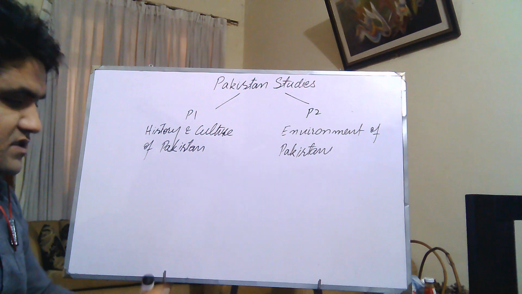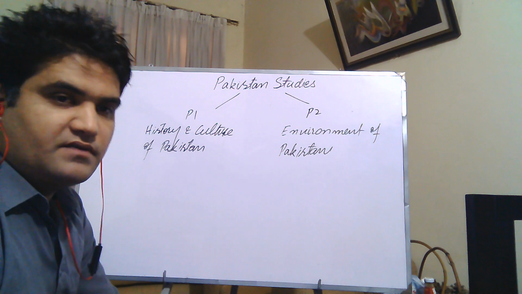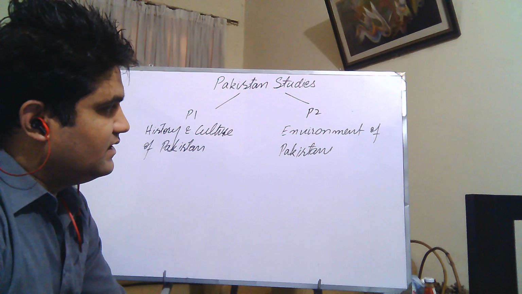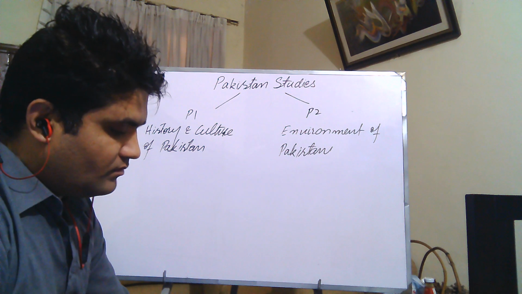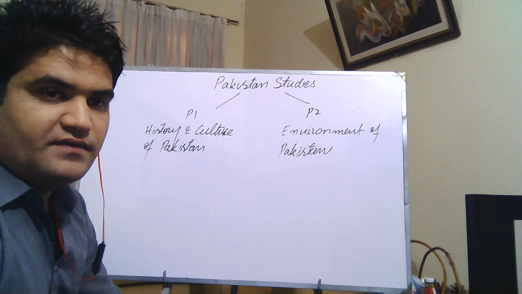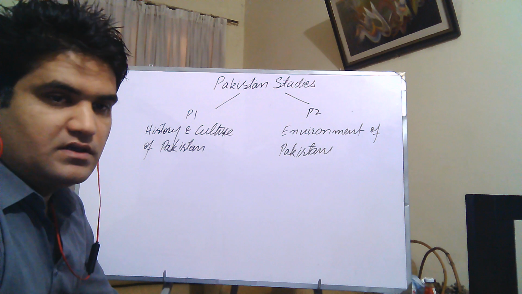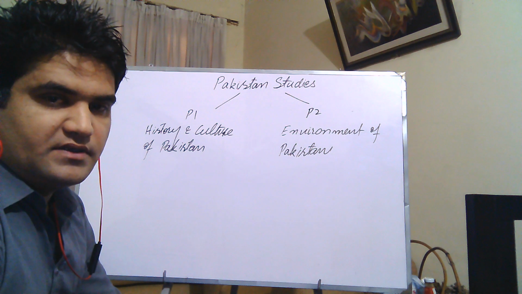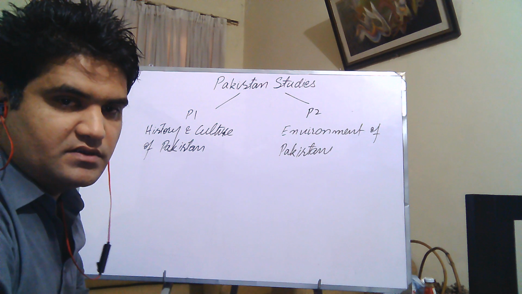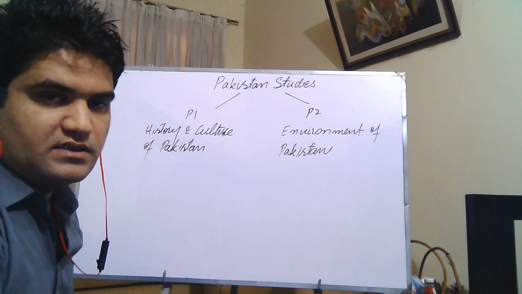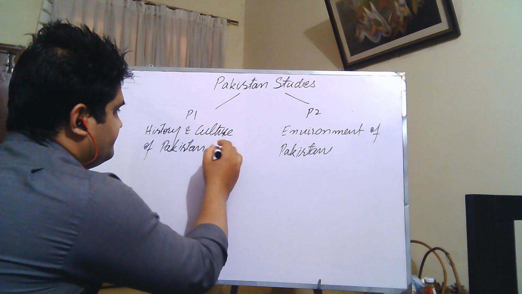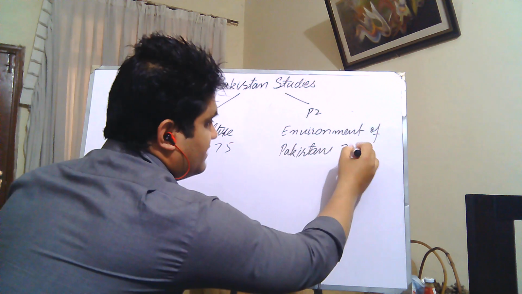Paper 1 is commonly known as the paper of history, and paper 2 is commonly known as the paper of geography. So both of these papers are two different components of Pakistan Studies. These two papers will be taken separately, and the total of these papers will become your total sum for this subject. Paper 1 has a total of 75 marks, and the same, 75 marks, for paper 2.